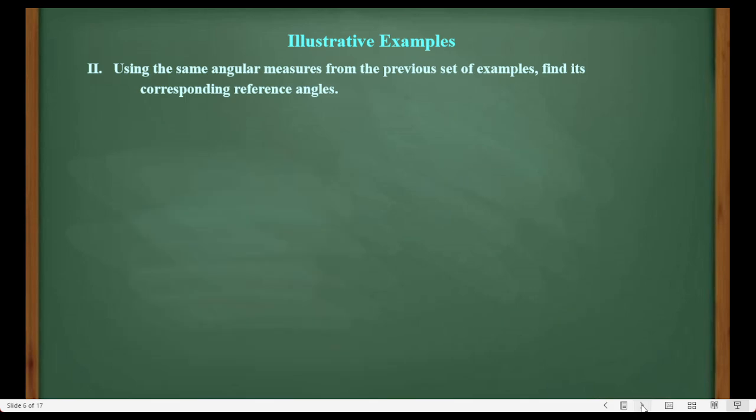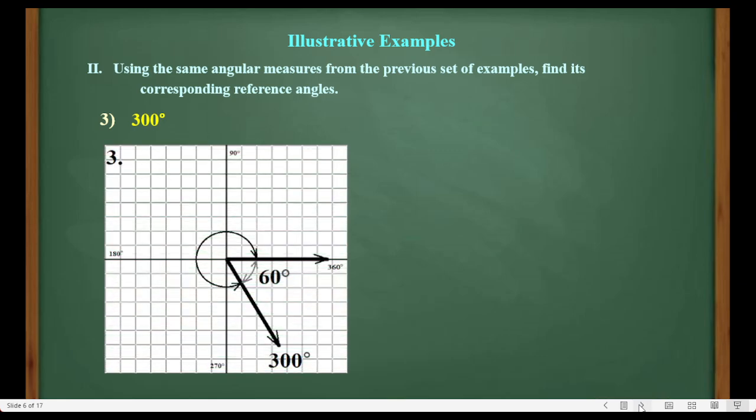Next, for number 3, the given measure is 300 degrees. So if we're going to trace the angle of this measure, you will notice that the terminal side is found in quadrant 4, because 300 is within the range or an angle which is found between 270 degrees and 360 degrees.